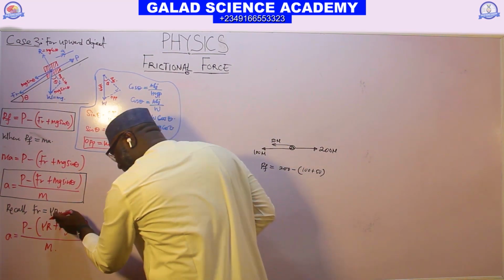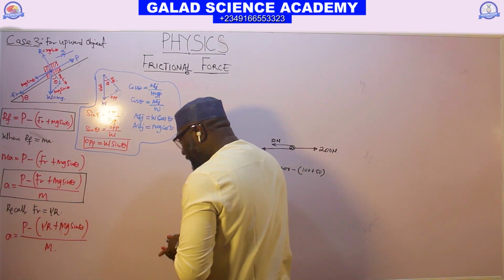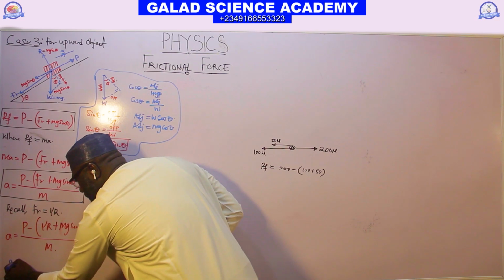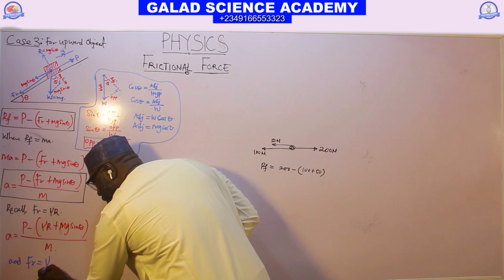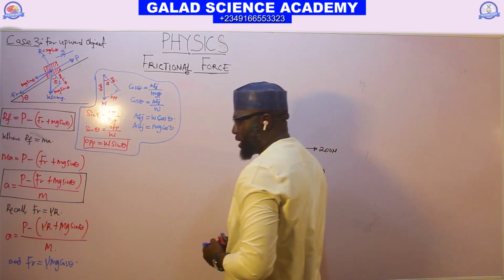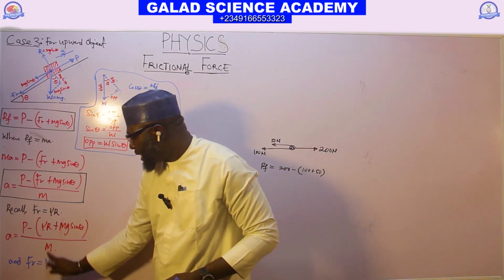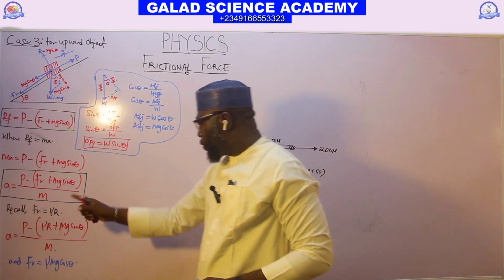You can also change this, and frictional force can also give us mu mg cos theta. Where do we get it? This R here is mg cos theta from this. So we can put it there.